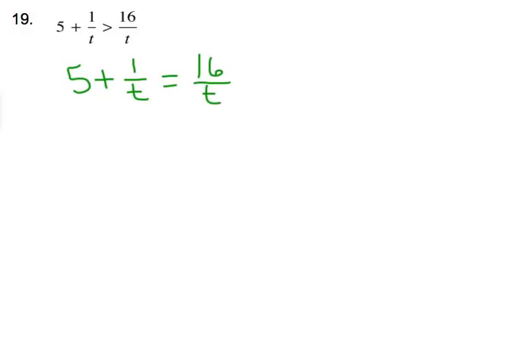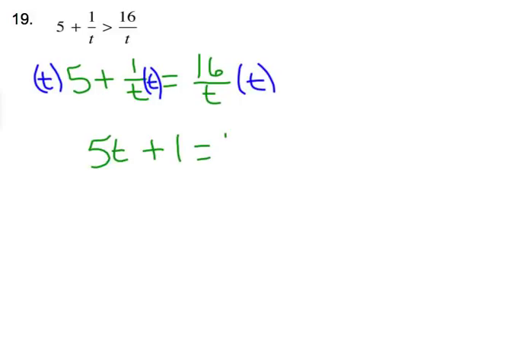My common denominator I'm going to multiply everything by is t. And when I multiply everything by t, I have 5t plus 1 is equal to 16. Moving the 1 over when I'm solving, I get 5t is equal to 15.